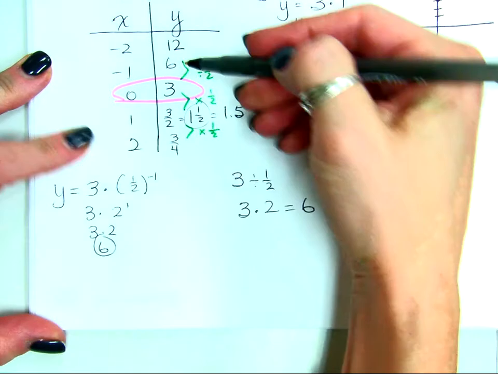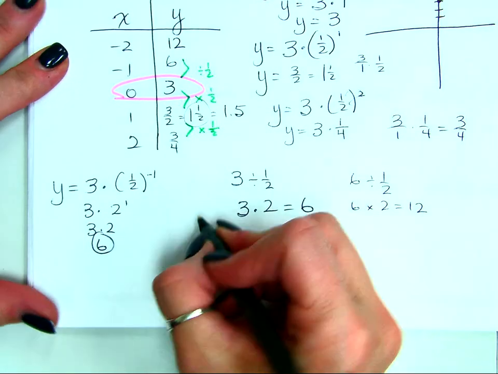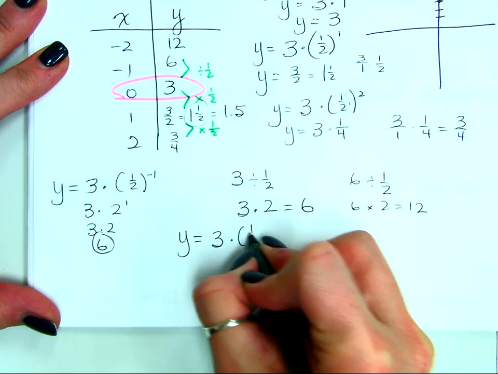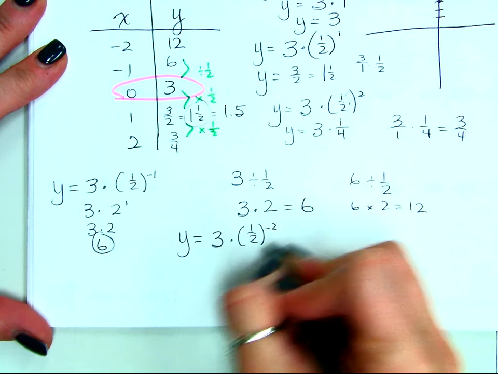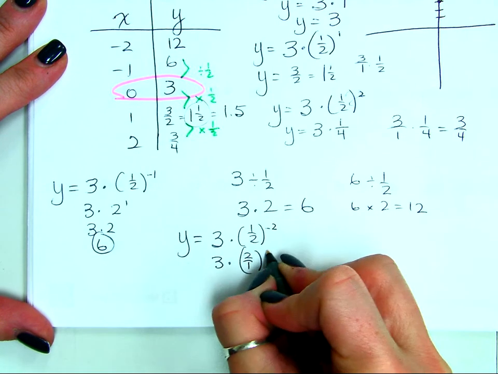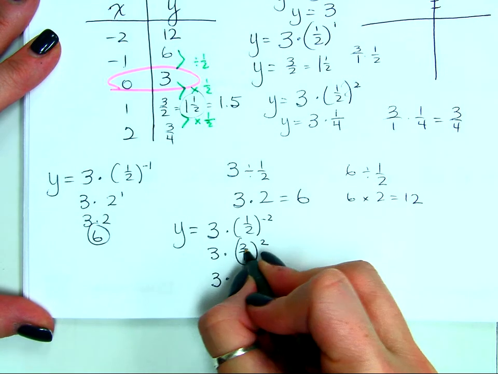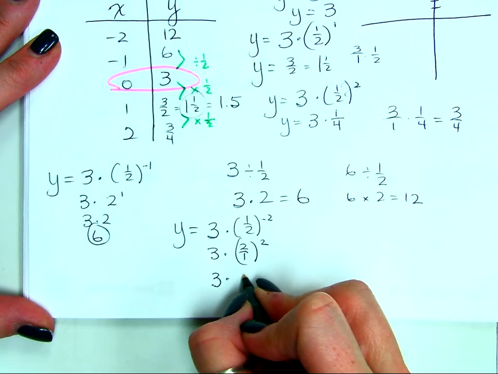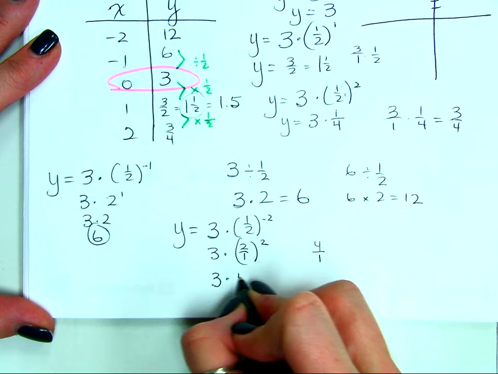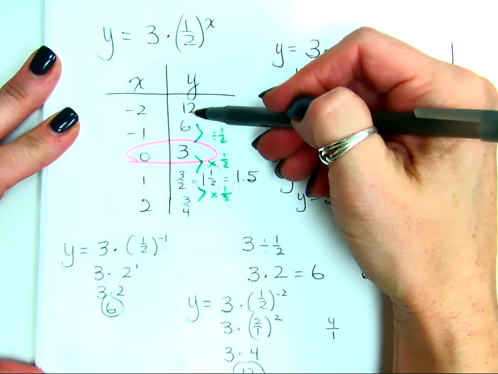Yeah, I know. We already did it, right? Let me just show it to you now with the 2 being negative. Y equals 3 times 1/2 to the -2 power, which is 3 times 2 over 1 to the positive 2 power, which is 3 times 2 squared. 2 squared is 4, and 1 squared is 1, that's 4, and 3 times 4 is 12, which we got that way.